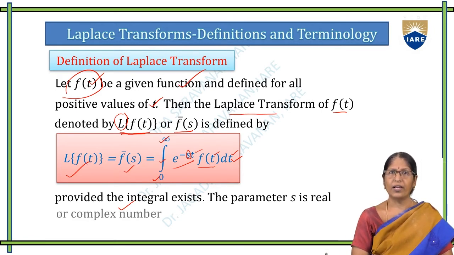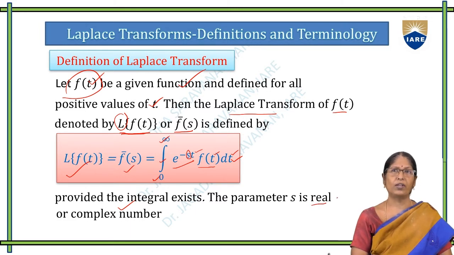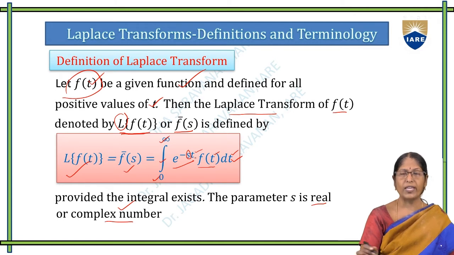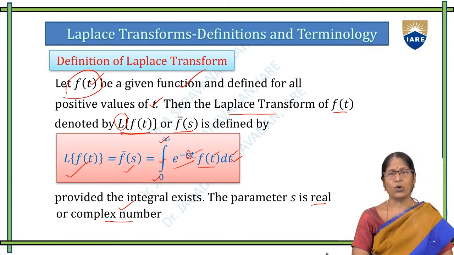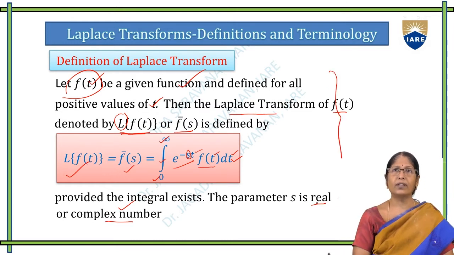S is a real or complex number, from our number system. Real numbers include natural, whole, rational and irrational numbers, put together as the real number system. The square root of minus 1, i, is complex. So s may be a real or complex number. Completely, this is the definition of Laplace transform.